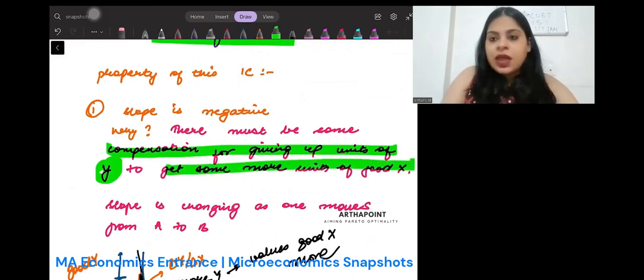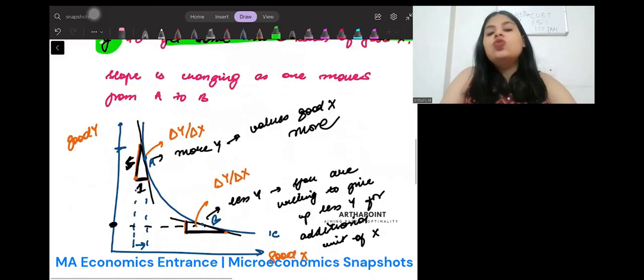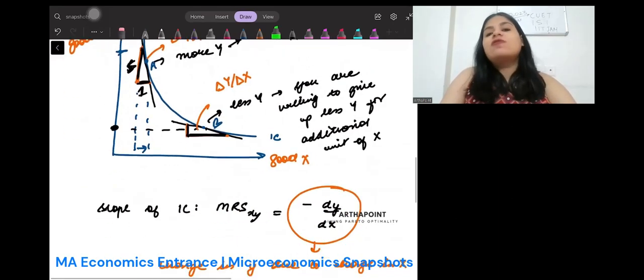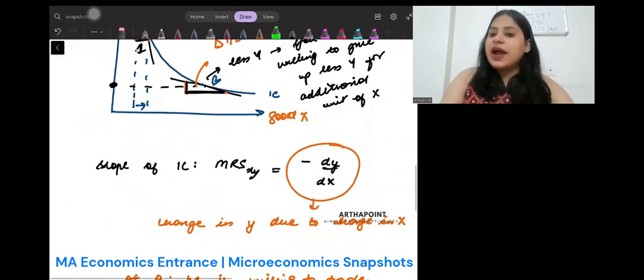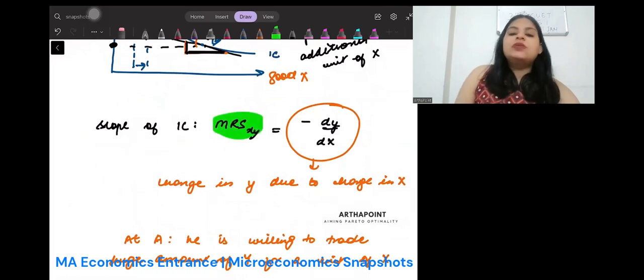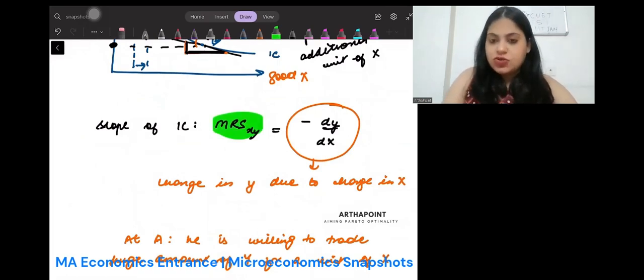At point A, you are willing to give up more of good Y for an additional unit of good X. At B, you are willing to give up less of good Y for an additional unit of good X. MRS in the most simple terms is the marginal rate of substitution.